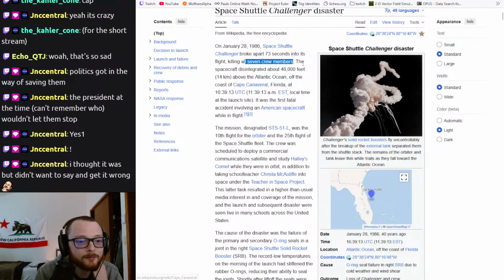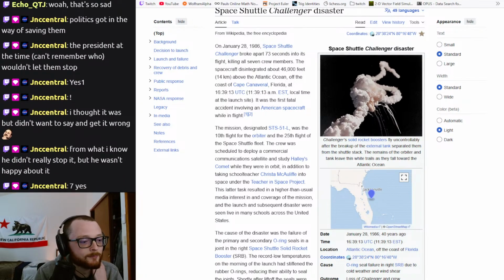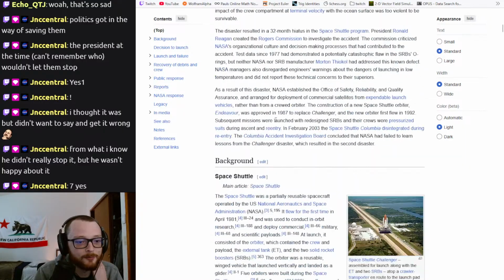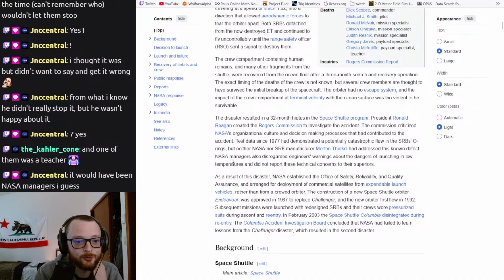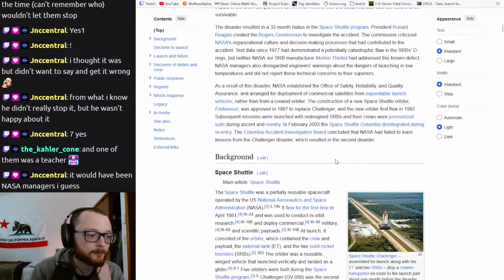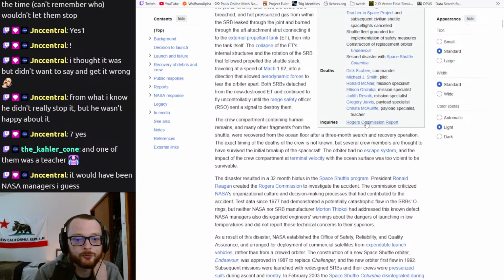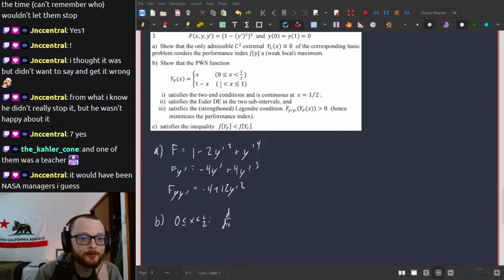Yeah, wow. It's probably cramped in there. My skimming of the Wikipedia page makes it sound like it was NASA managers, but who knows what conditions they were working under. One of them was a teacher, true. Well, that's a less fun fact, but still interesting.